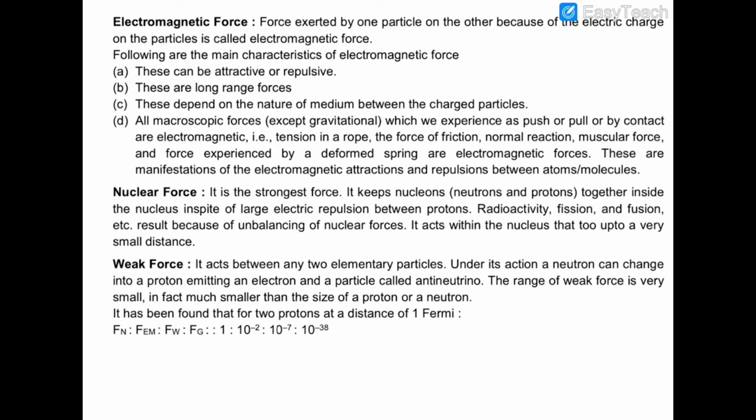Nuclear force is something else, and it always acts inside the nucleus. This force is very necessary in binding up the nucleons. Nucleons is a common word referring to neutrons and protons combined. Despite the larger electrostatic repulsion between the protons, nuclear forces keep the nucleus bound.